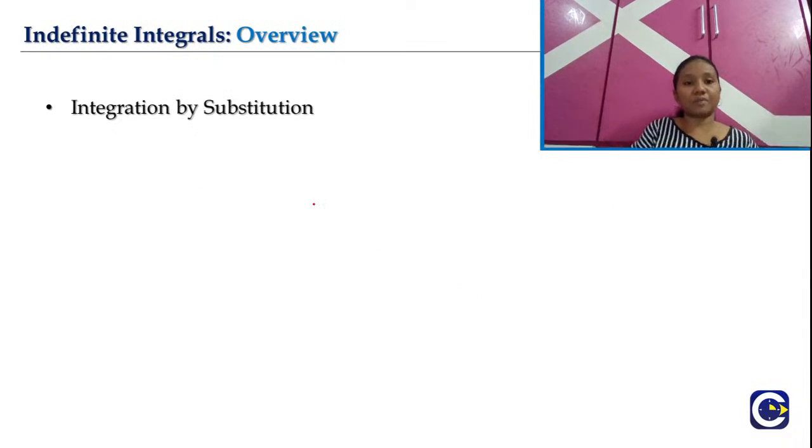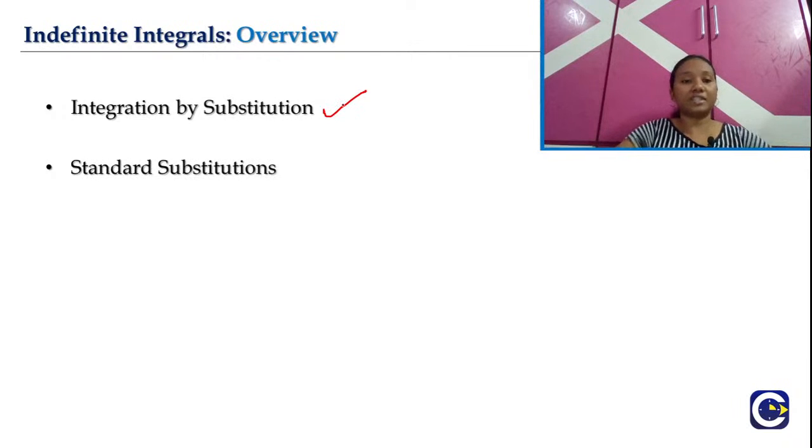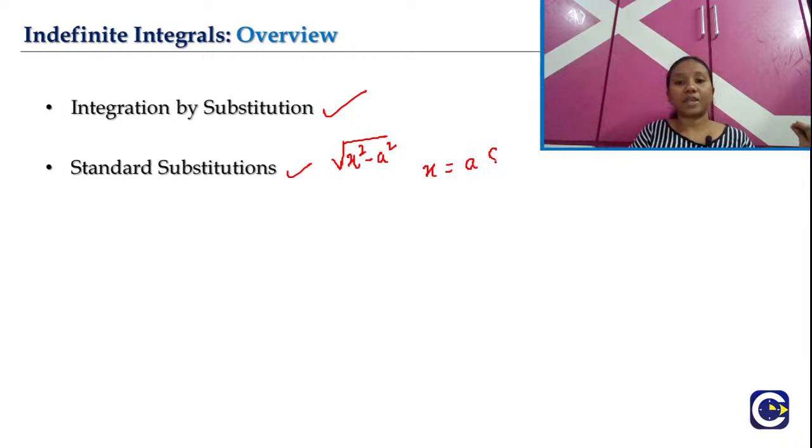Integration by substitution is one of our methods of integration which we covered in the previous session. We also saw some standard substitutions. For example, if we see a function like root over x square minus a square in any question, we can directly substitute a sin theta or a cos theta.